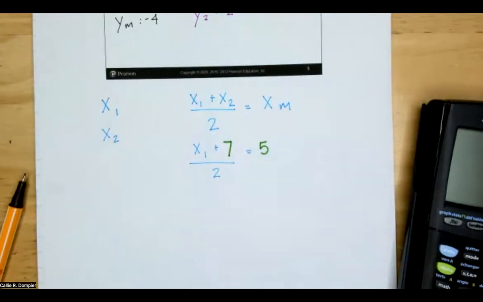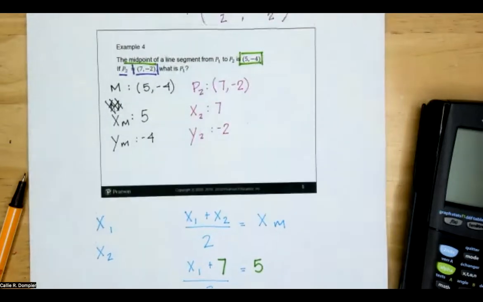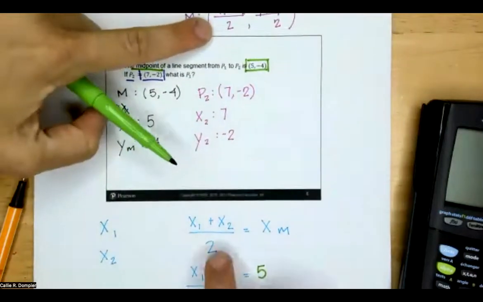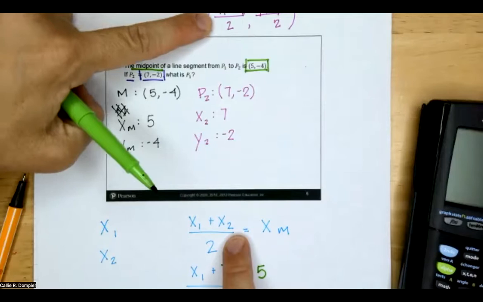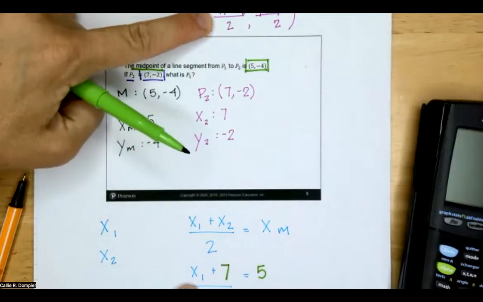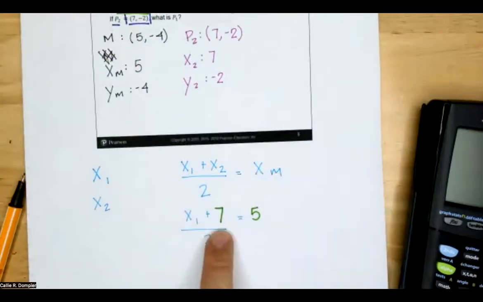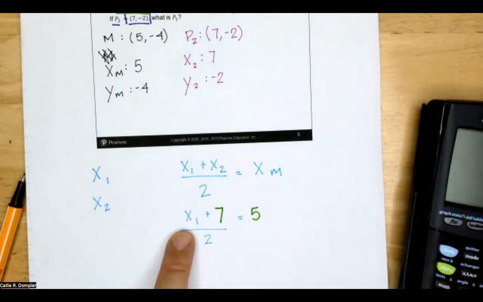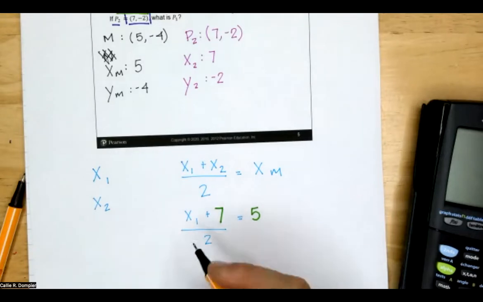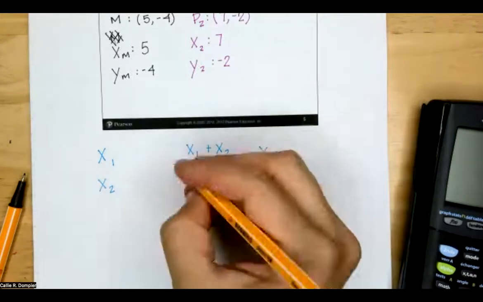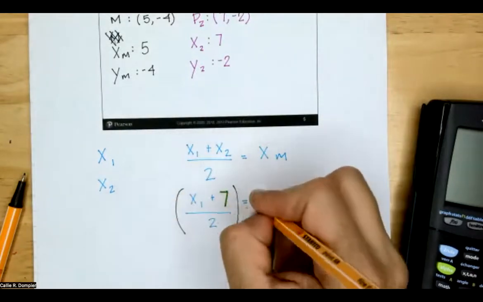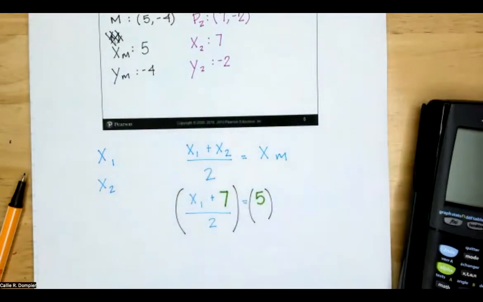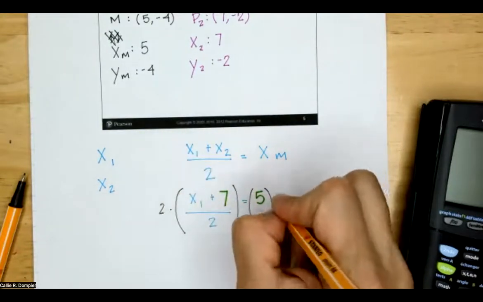Good? Any questions? So I don't know x1, but I do know that my second x value is 7 and that it's going to end up as a 5. Now I can just work backwards. I can also just call this x if I want. You don't have to call it x sub 1. So I want x sub 1 alone. First thing I'm going to do is the opposite of dividing by 2, which is multiply by 2.